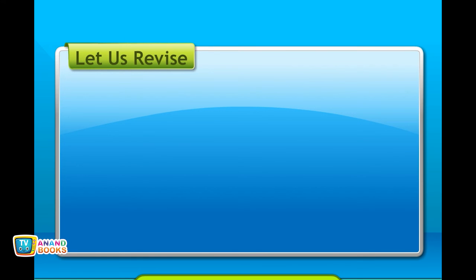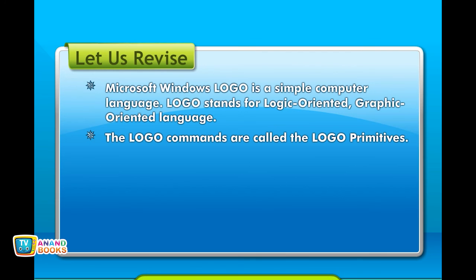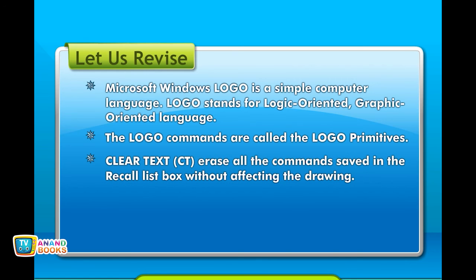Let us revise. Microsoft Windows Logo is a simple computer language. Logo stands for Logic-Oriented, Graphic-Oriented Language. The Logo commands are called the Logo primitives. Clear text, CT, erases all the commands saved in the recall list box without affecting the drawing.